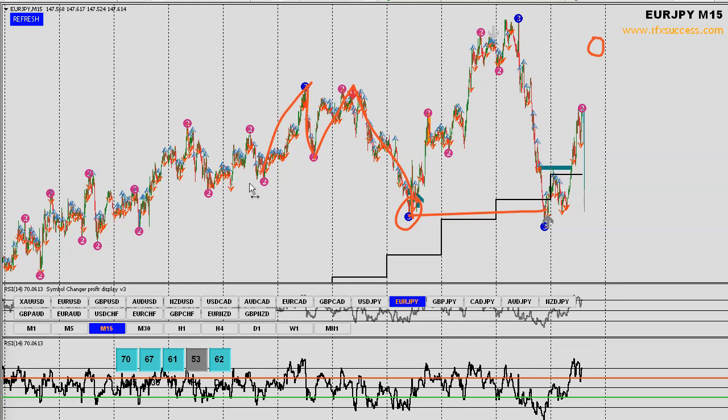So what you can think of this is that the 2s are your inner highs and lows, and your 3s are your outer highs and lows, okay? So 2s are inner highs and lows, and the 3s are your outer highs and lows, okay?